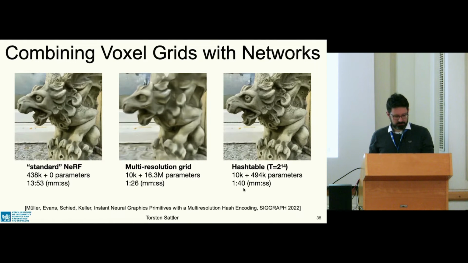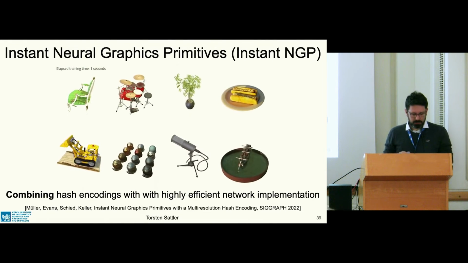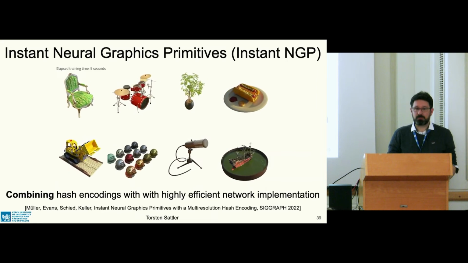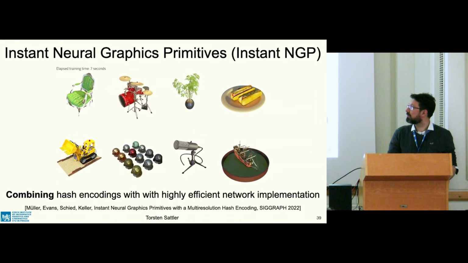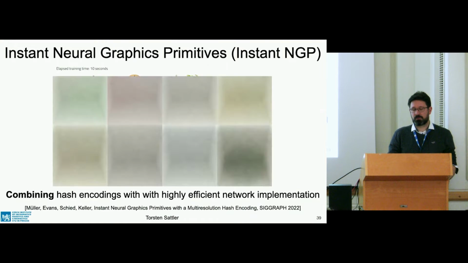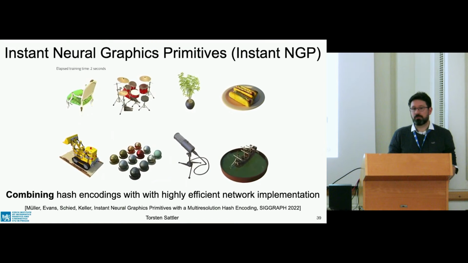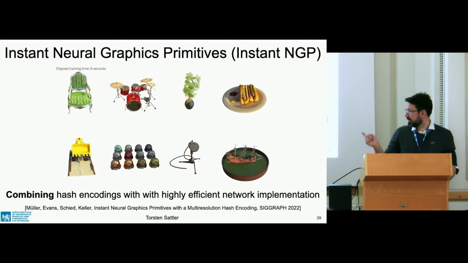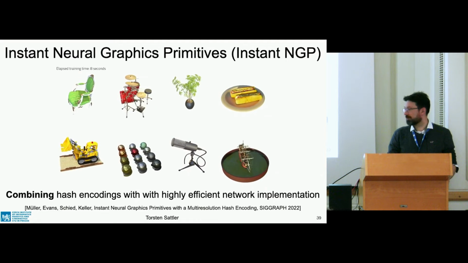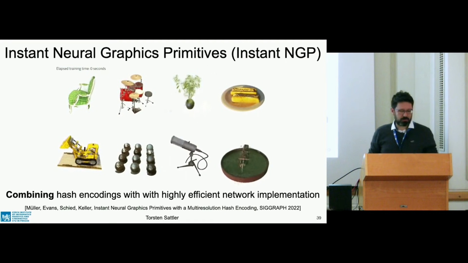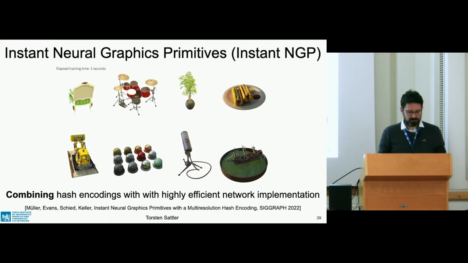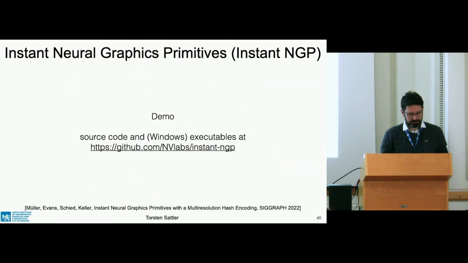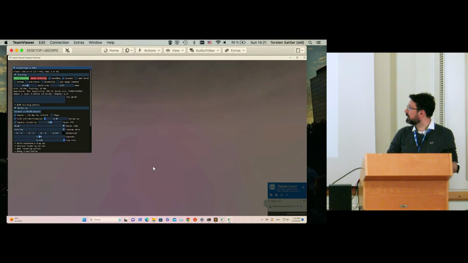And if you combine this with a highly efficient implementation of neural networks, then you get something where you can train neural networks like NeRFs in a few seconds. You might have heard about it, the so-called Instant NGP, instant neural graphics primitives. It's a very nice software package from NVIDIA that they released.